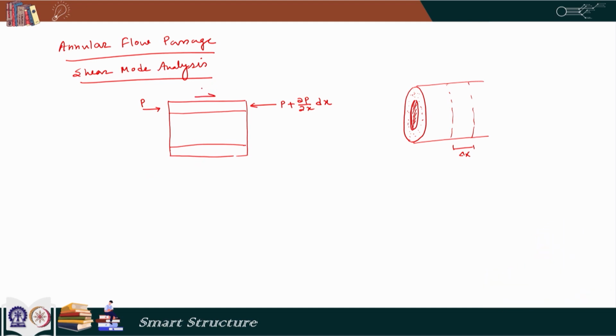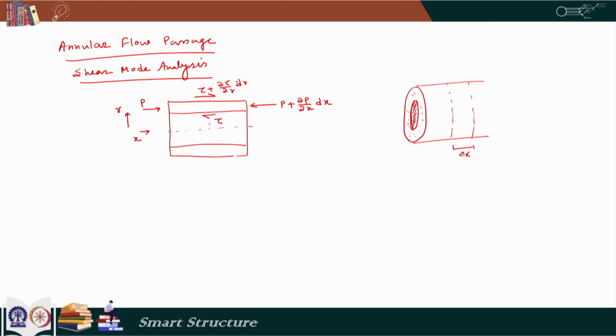Now this is our shear at the top, tau plus del tau by del r dr. Now here our consideration is this is the center, and the distance from the center to the top or bottom is r, and this dimension is our x, and the velocity along the x direction is called u.